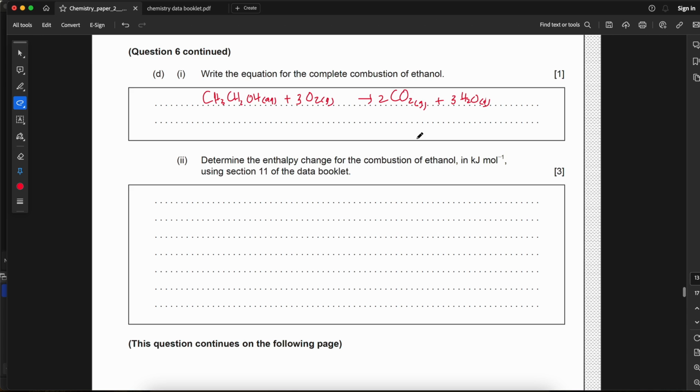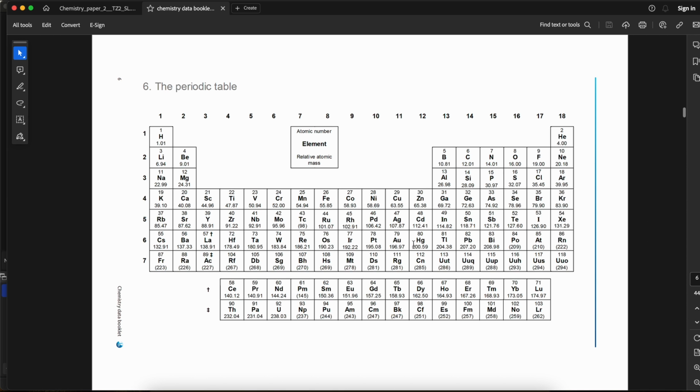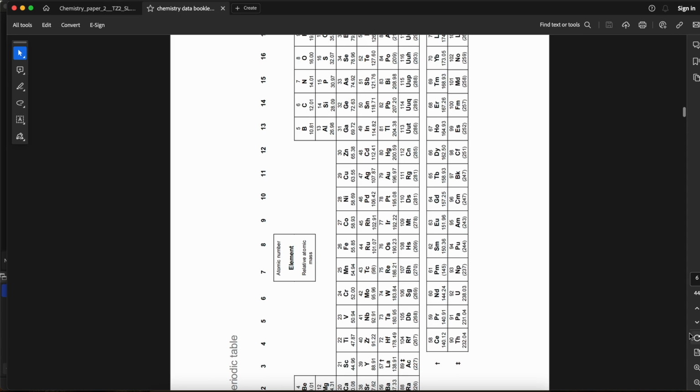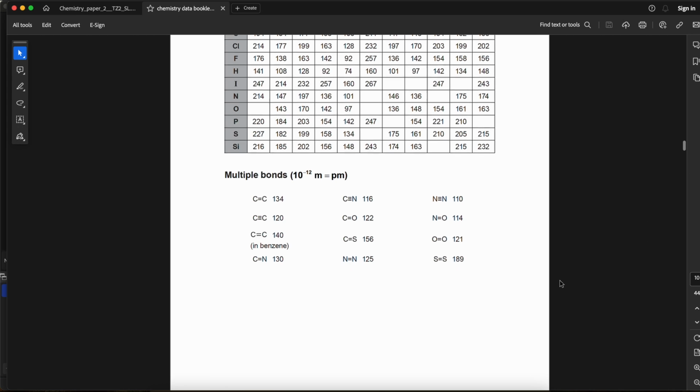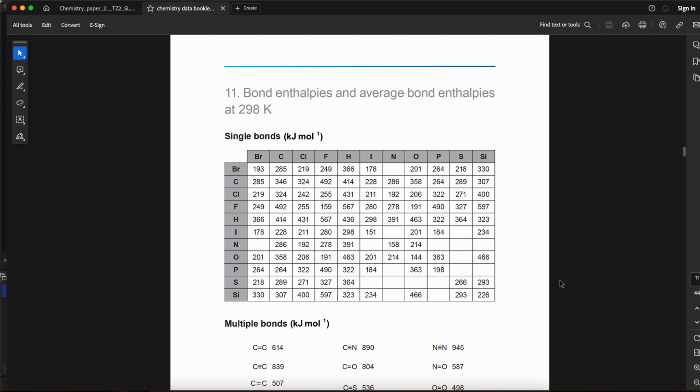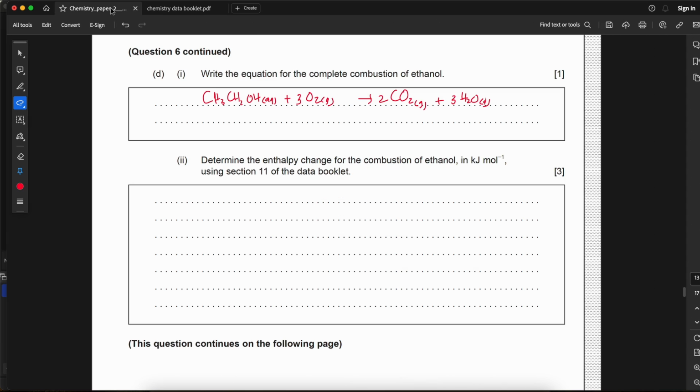Determine the enthalpy change for the combustion of ethanol. You will refer to this data of section 11. Okay, bond enthalpies. So let's break it down first. I always like to break it down into the lowest structure, so I will not make any mistake.